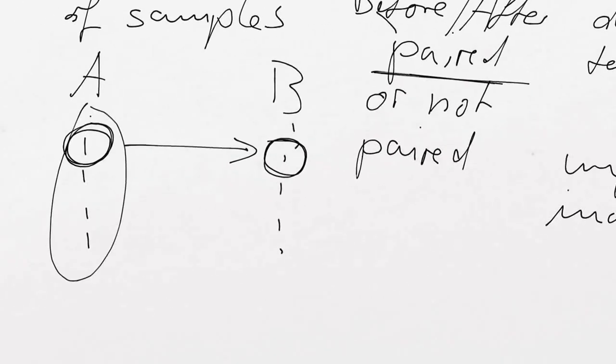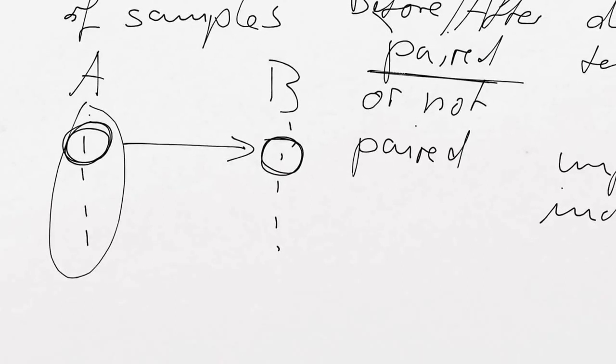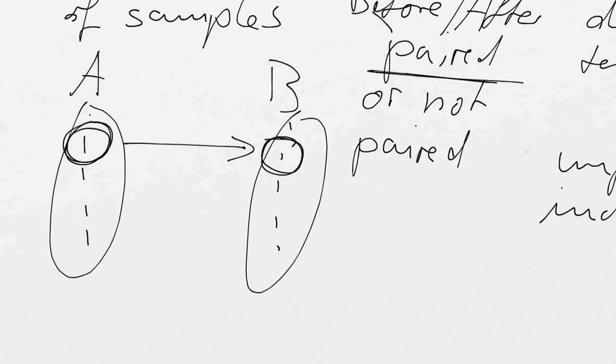For example, I calculate the colonies on a plate with antibiotic, and then I do the same experiment, and I calculate the colonies on plates without the antibiotic. It doesn't have to be the same number of plates. It can be different counts. And it's different plates. The plates don't know anything about each other.